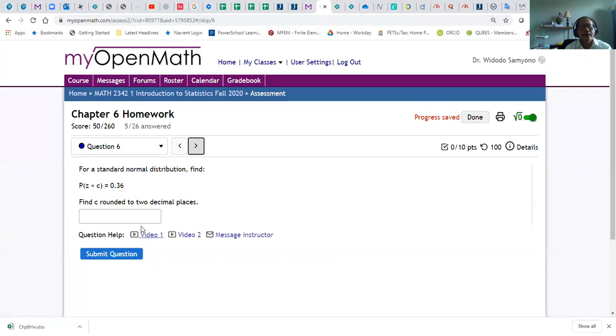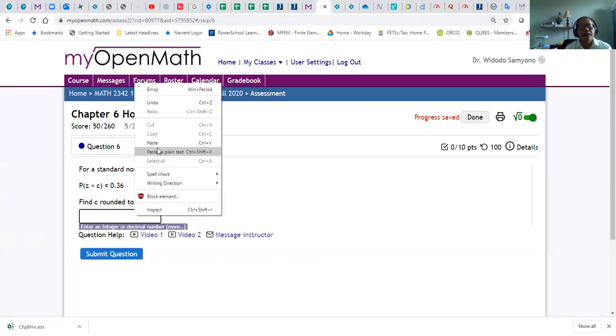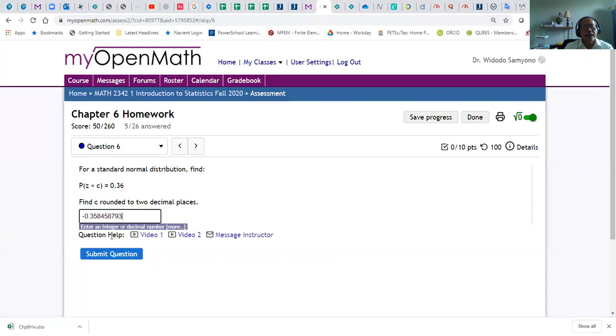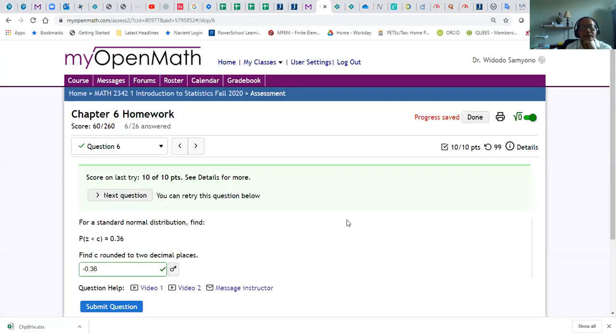Here, and you need to round to two decimals. So your answer will be negative 0.36. Huh. Almost the same number. Okay, interesting. Okay, so this is number 6.